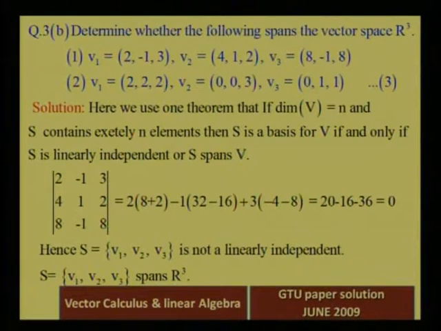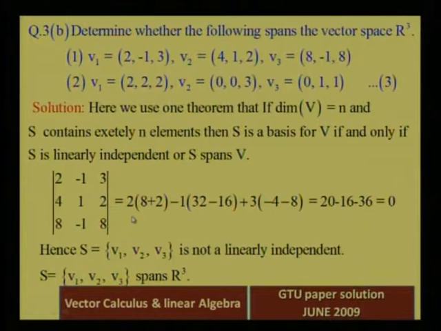To solve this determinant, if the value of the determinant is equal to 0, we can say that these three vectors are not linearly independent, and if the value of the determinant is not equal to 0, we can say that these three vectors are linearly independent. Okay, so here are the three vectors: (2, -1, 3), (4, 1, 2), (8, -1, 8).